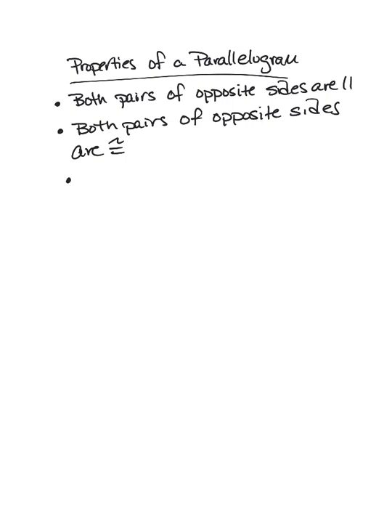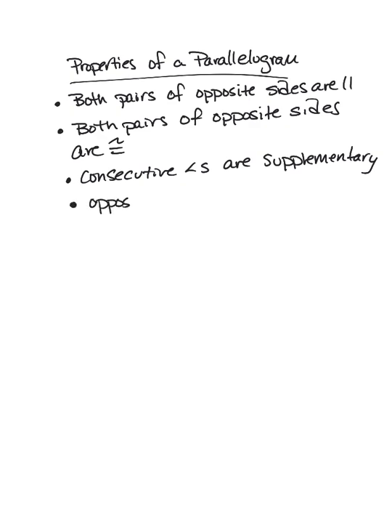Then we end up having, well, always consecutive angles are going to be supplementary in all parallelograms, because think about it, you have same side interior. Consecutive angles are supplementary. Opposite angles are congruent.